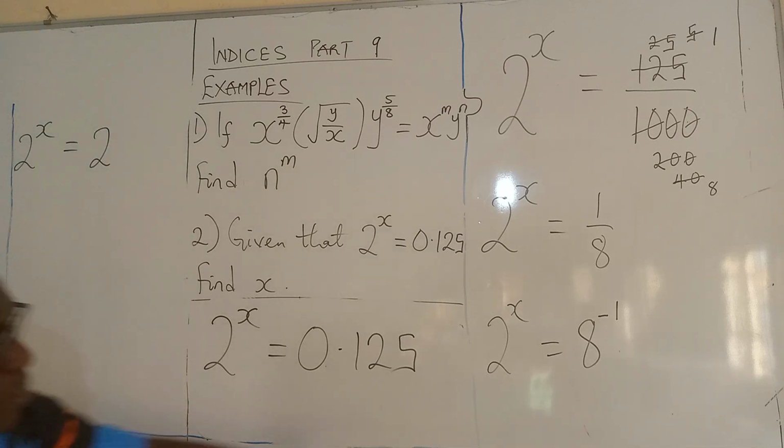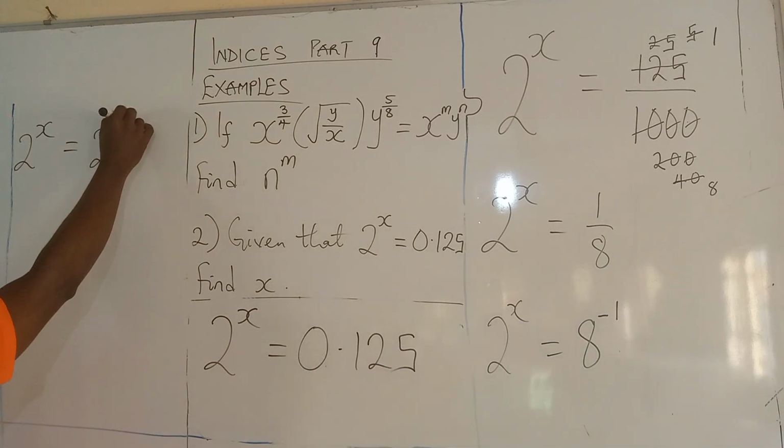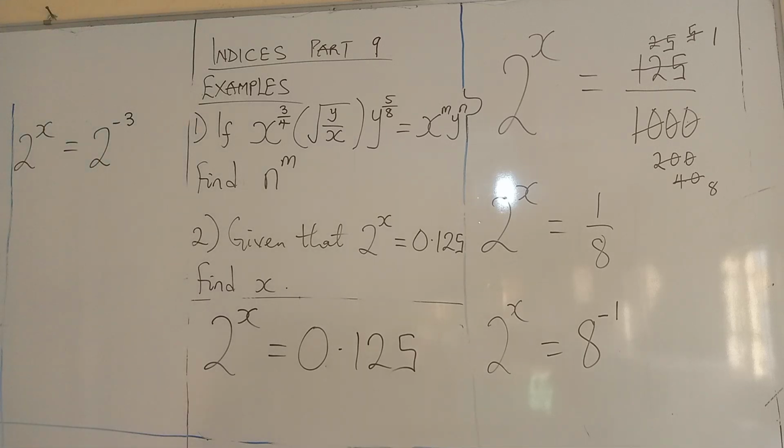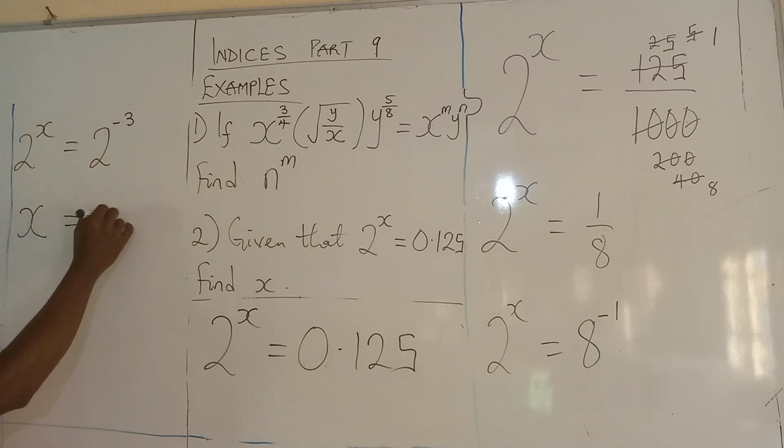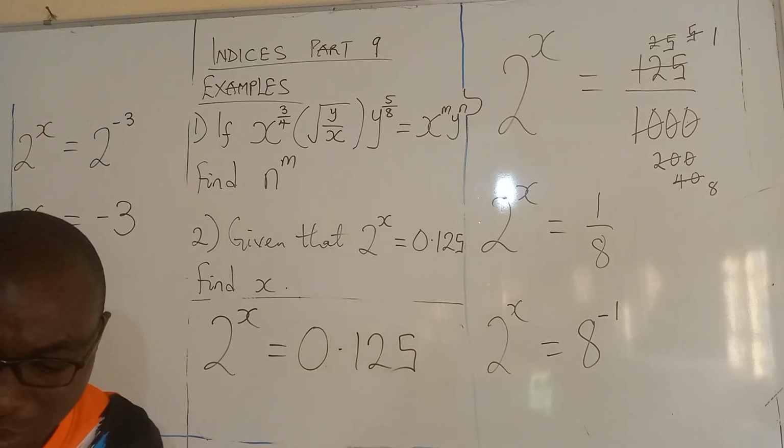But take note, there's power minus 1 here, so that will make it 2 raised to power minus 3. And so the base here is 2, the base here is 2. So it implies that the power here must also be equal to the power in the right hand side. So therefore, x is equal to minus 3. And so that's the answer to question number 2.